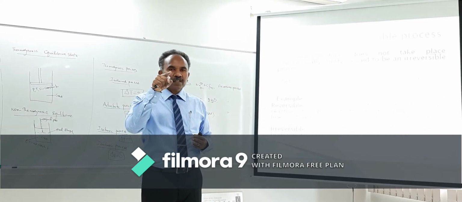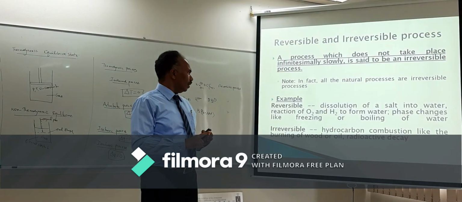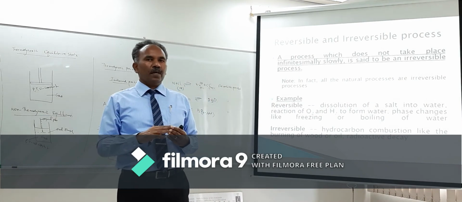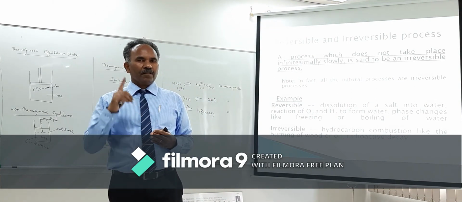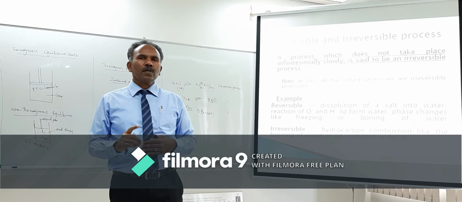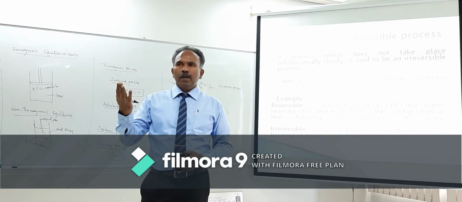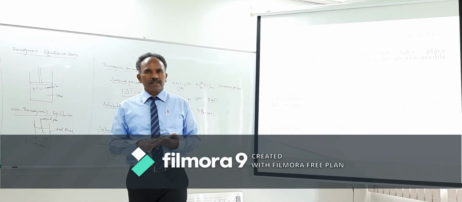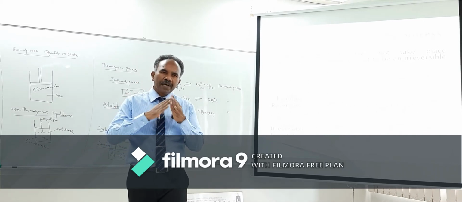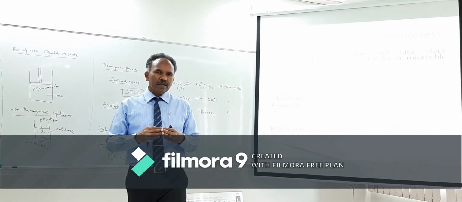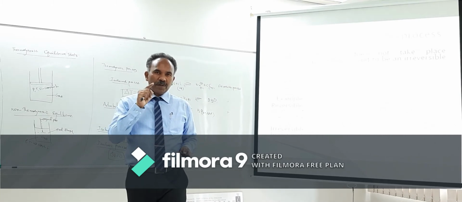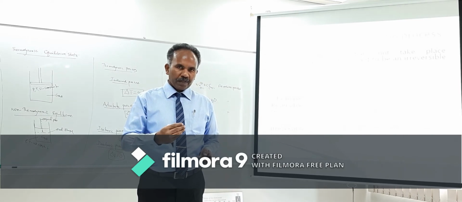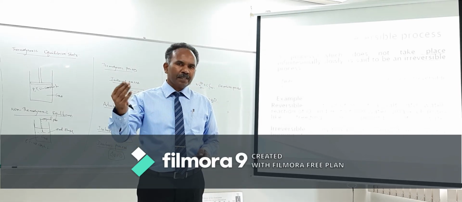It is an irreversible process. Or take radioactive decay; I will discuss this more when I explain nuclear chemistry. Suppose a nuclear fission reaction takes place. It undergoes decay. We can't bring it back. They are irreversible processes. So in a reversible process, we can bring it back; in an irreversible process, we can't.